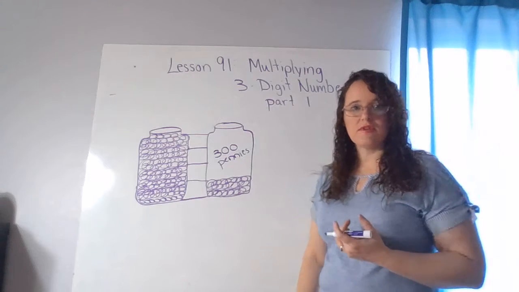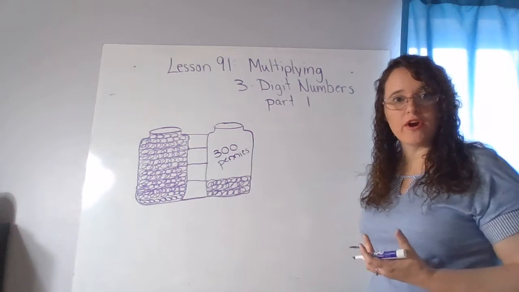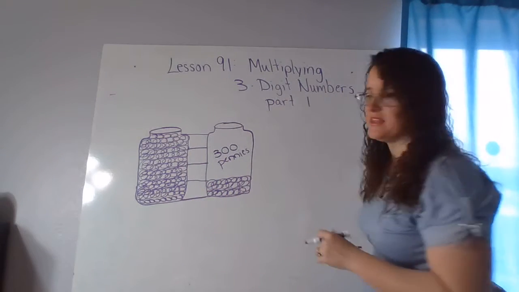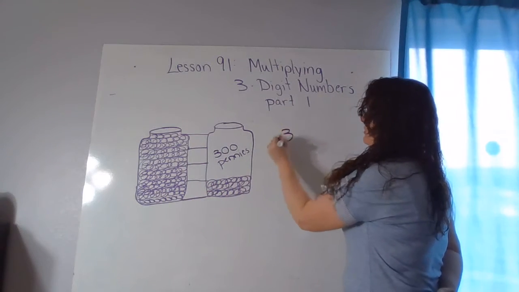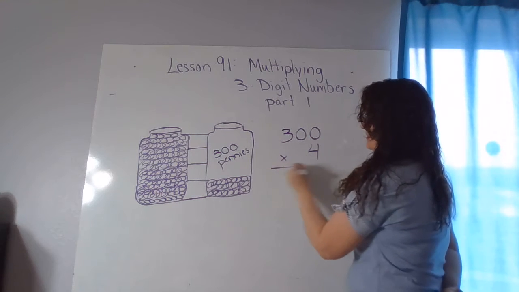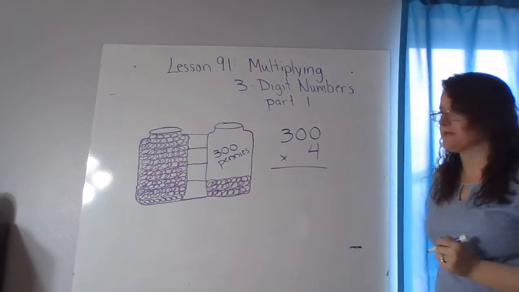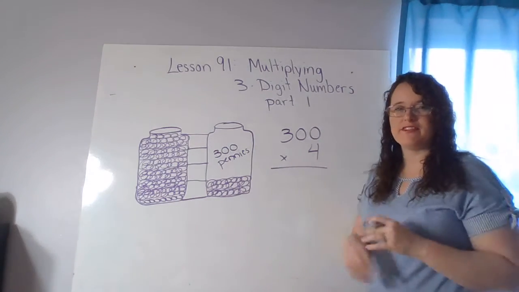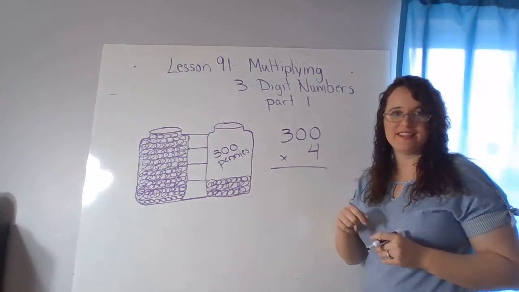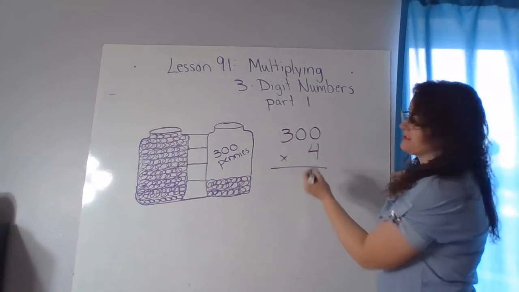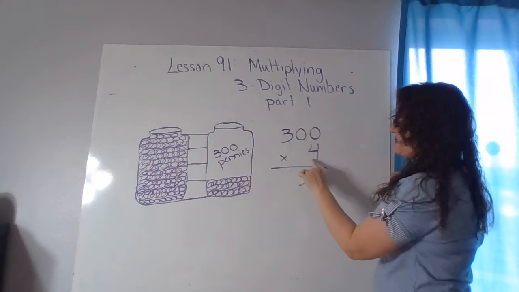So if we do 300 times 4, we're going to get a fairly accurate guess of how many pennies are in this jar. So we write that like this, 300 times 4 here. And in this problem, this is my favorite type of problem because we have all these zeros. So really what we're doing is we're multiplying the ones place times the 4.